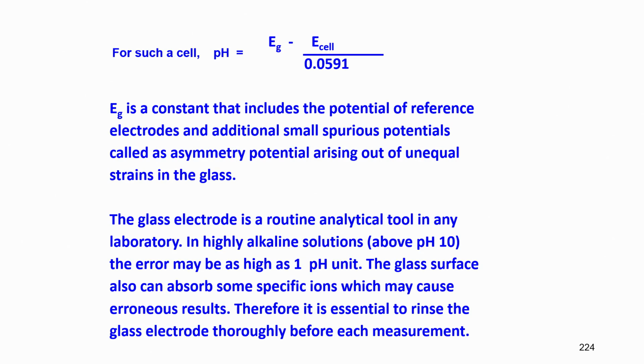So, the glass electrode you have to standardize every time, and whenever you buy a glass electrode, it needs to be standardized with respect to standard buffer solutions of pH 7, pH 4, pH 9 like that, and then you should use it, because this Eg term we referred to earlier, the asymmetry potential, will not be the same for all types of glass membranes.